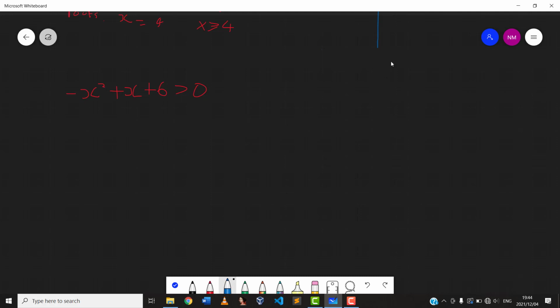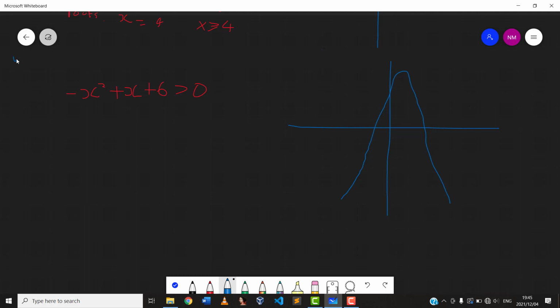Let's just try and represent that visually. It would be something like this, I think. Yeah. So now we gotta check what it's asking us. It's asking us where is minus x squared plus x plus 6 greater than 0, for which values of x.